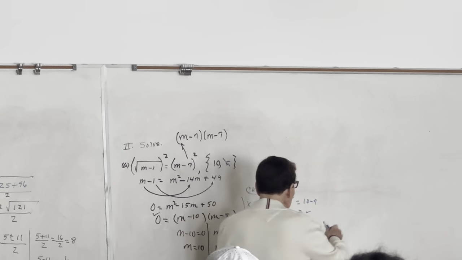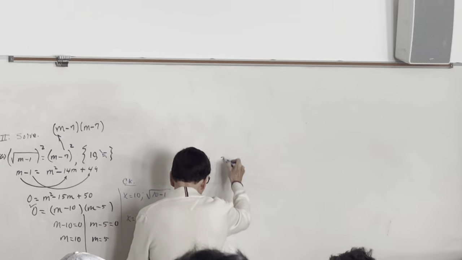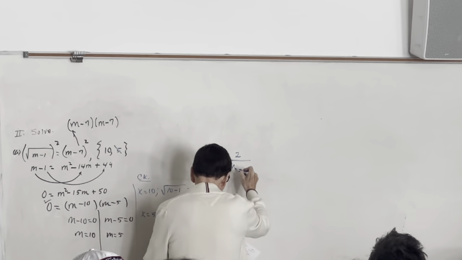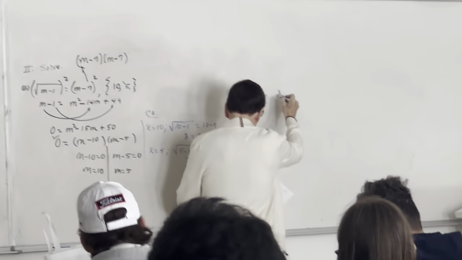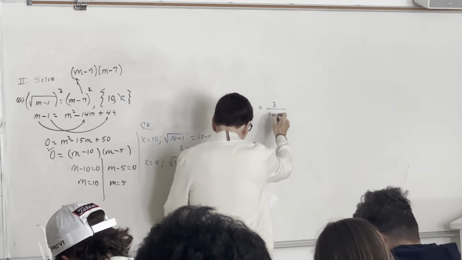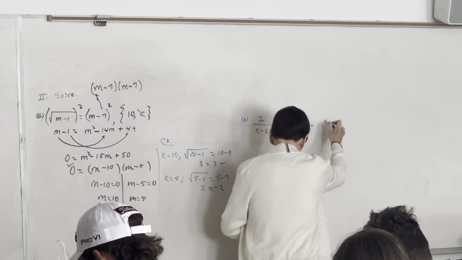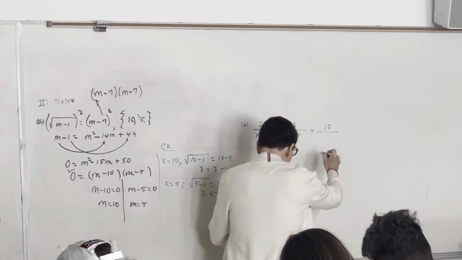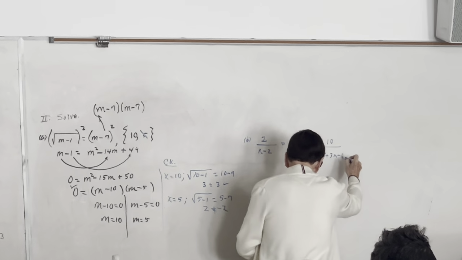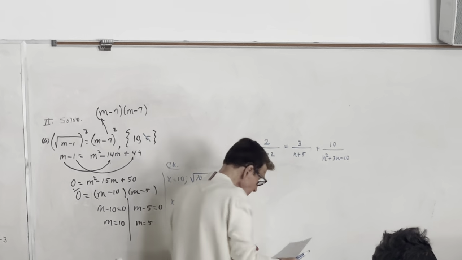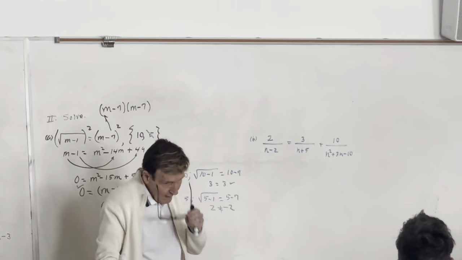Solve part B. Use a different color here. 2 over, let's call it n, n subtract 2 rather than x, equals 3 over n plus 5 plus 10 over n squared plus 3n subtract 10. Make sure I got all that copied down correctly. And the rest is solve for n.